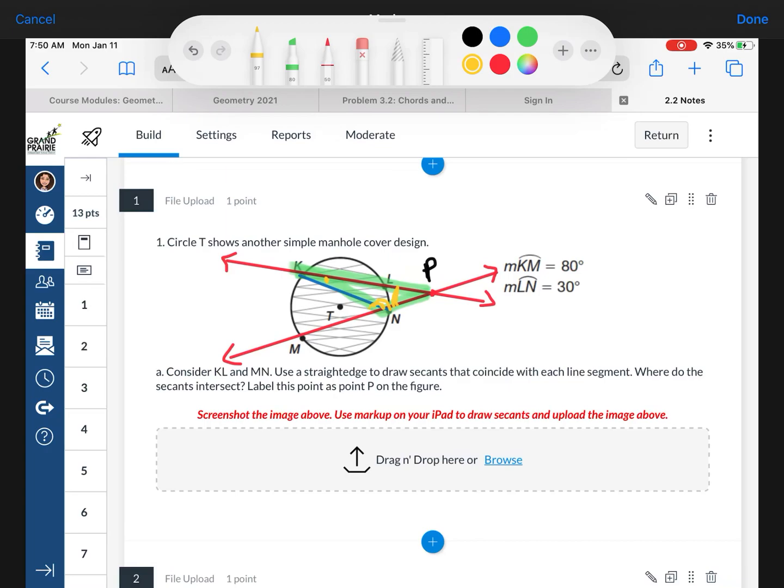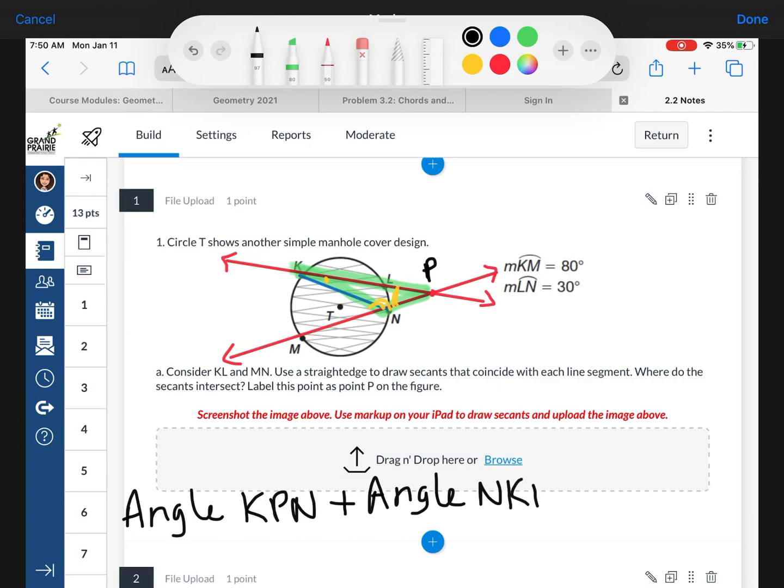So to write a statement, you can type angle KPN and add it to angle NKP and add it to angle KNM.